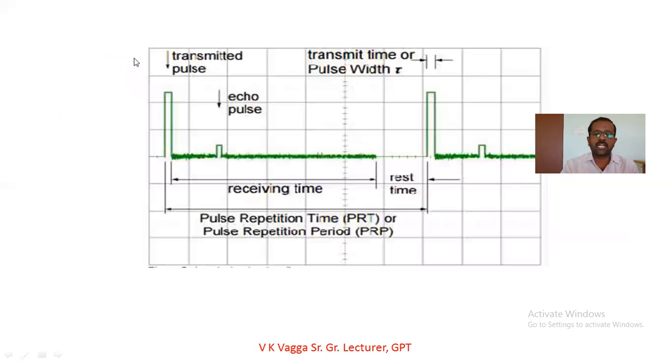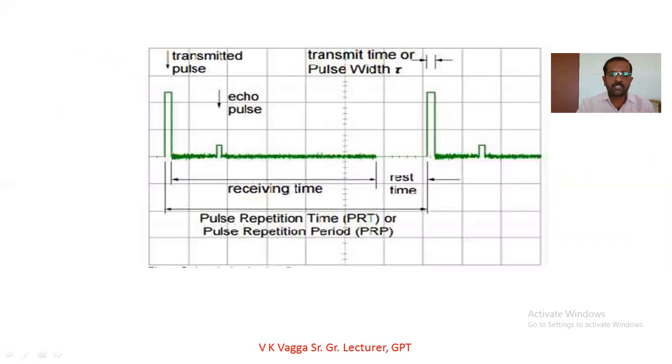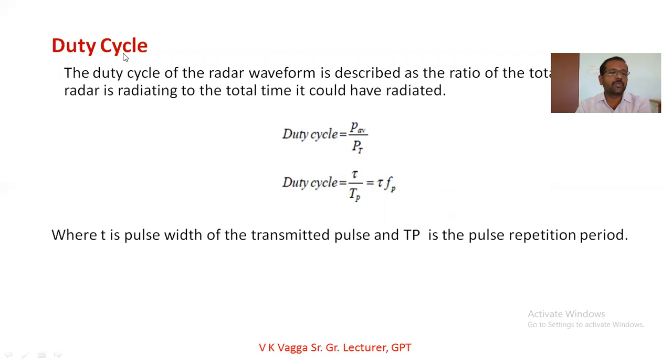You can understand this with the graph here. From this point to this point is the allotted time, but it can receive the echo earlier. So if you measure the time from this point to this point, that is the radiated time, and from this point to this point, that is the allotted time. The ratio of the two gives you the actual duty cycle.